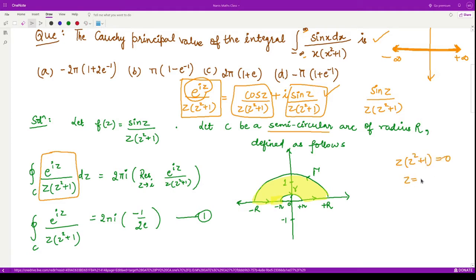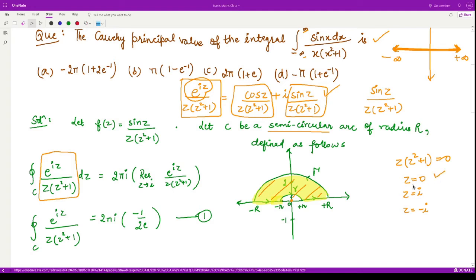So you have a singularity at the point 0, at the point iota, and at the point minus iota. In this semicircular region, the point iota would obviously come into the semicircular path.